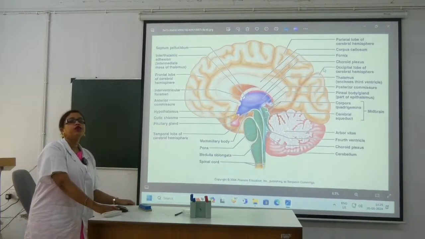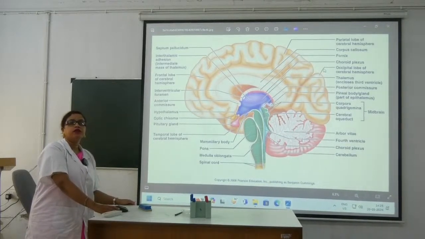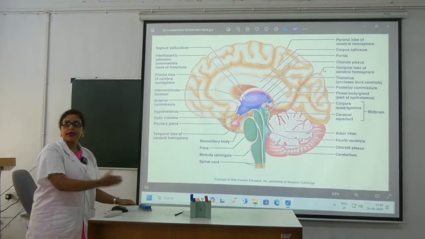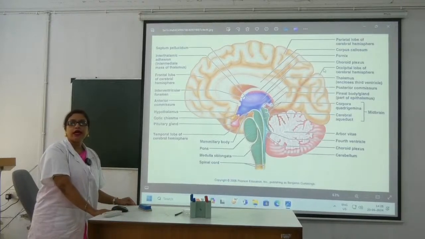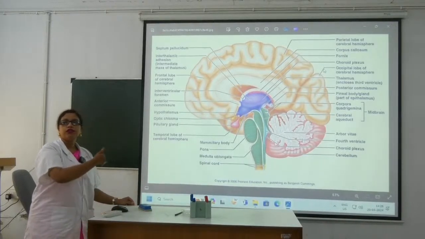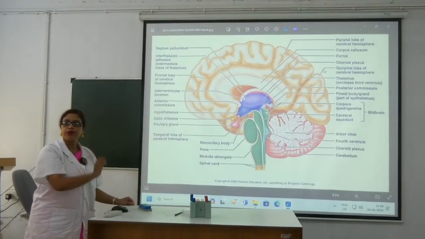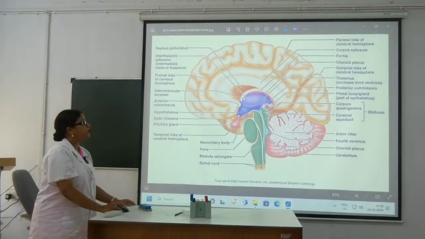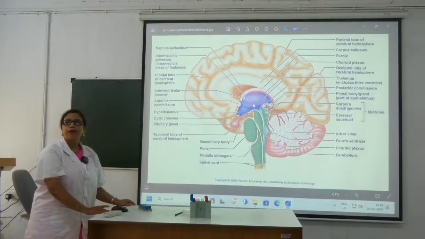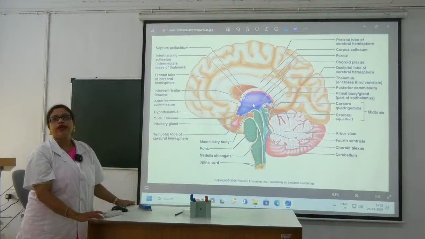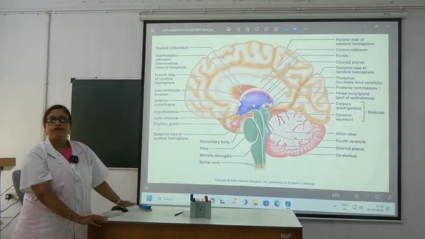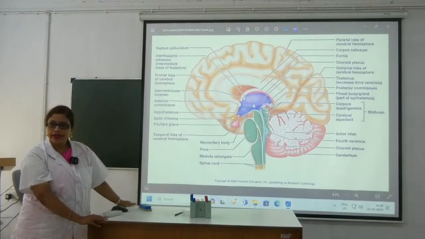Then which one is the subthalamus? Then just below the thalamus এই পার্টটাকে কি বলবো? Subthalamus. Metathalamus is also subsequently found on the midline of the thalamus. Okay, so এই পুরোটা হচ্ছে diencephalon. So if somebody will tell me the ventricle of diencephalon, it would be third ventricle, তাই তো?